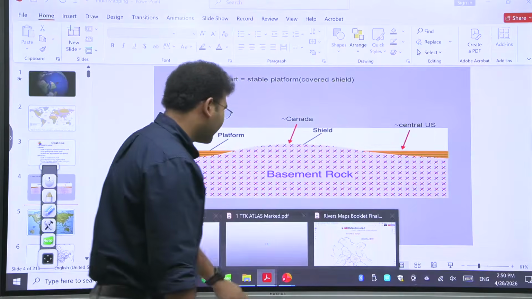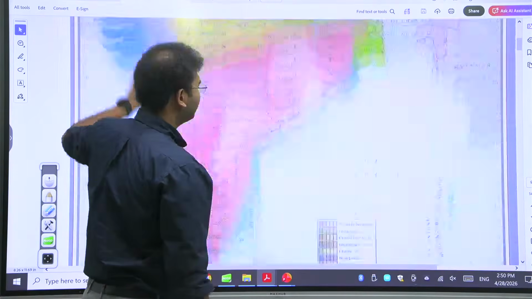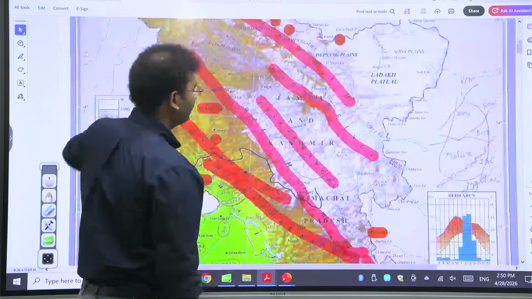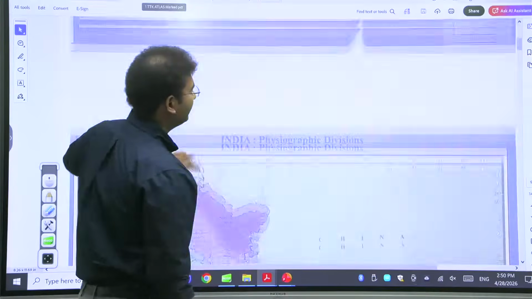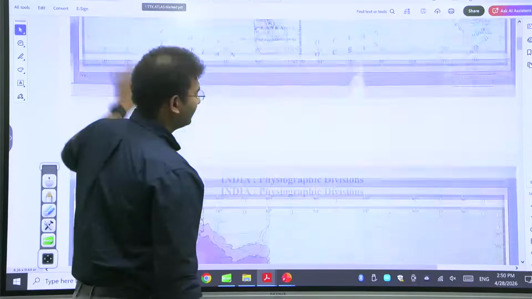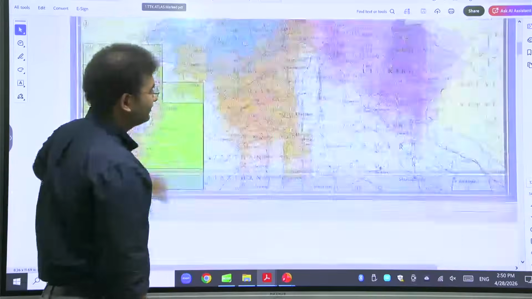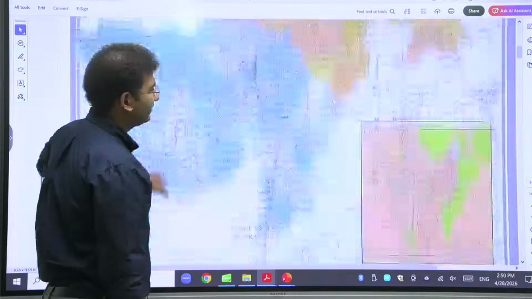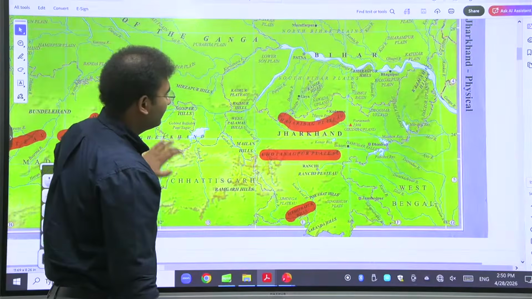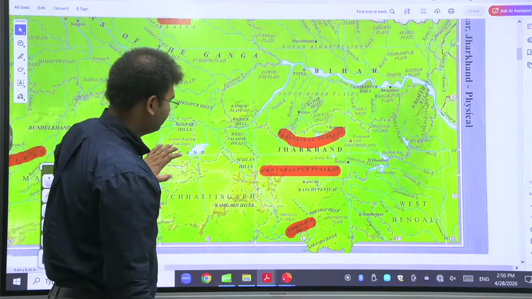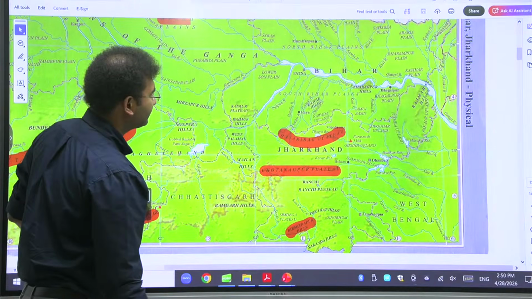When it comes to traps, you need to know the physiography as well. So look into your atlas. Open your atlas to the physical map of India, you will find that it is written as Rajmahal traps next to Chota Nagpur and West Bengal. Can you please go to your atlas, or any atlas which you follow? Open up the West Bengal map. Near West Bengal, Rajmahal traps.